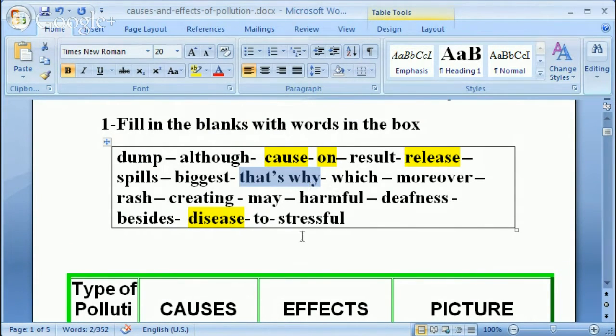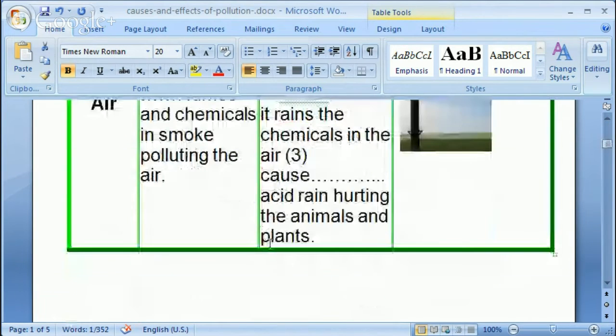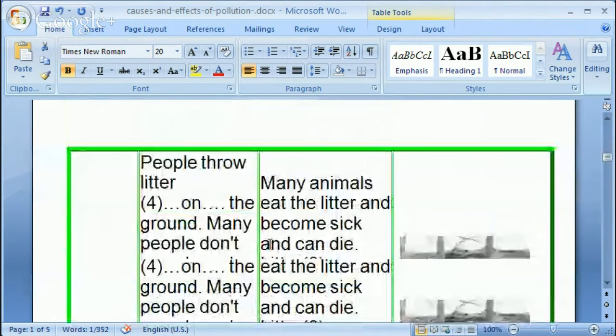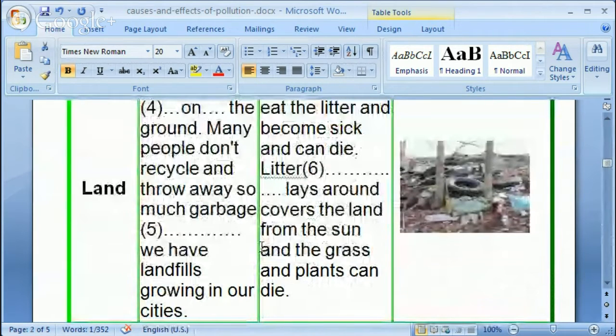Which possibly, if it says which causes, okay, possibly creating. Take another look. Which best fits. So I'm eliminating a lot of answers and seeing which answer is going to best fit in the blank. Okay.